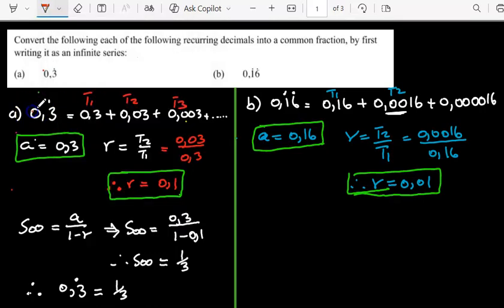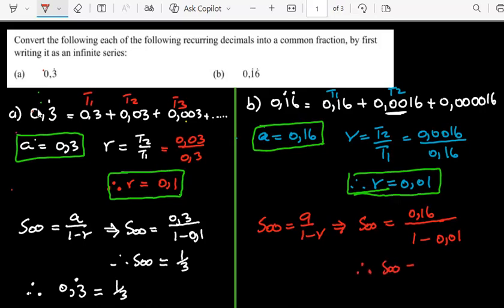So let us substitute. The sum to infinity is equal to a over 1 minus r. We do the substitution. The sum to infinity is equal to a on top, which is 0.16, divided by 1 minus r. What is the value of r? It's 0.01. You just have to punch that on the calculator.